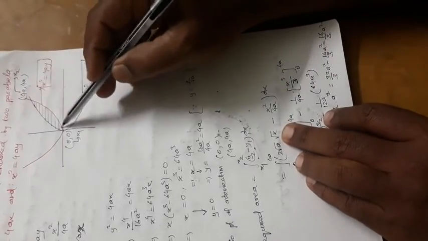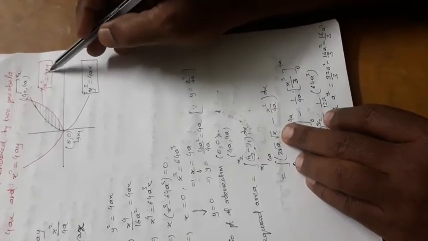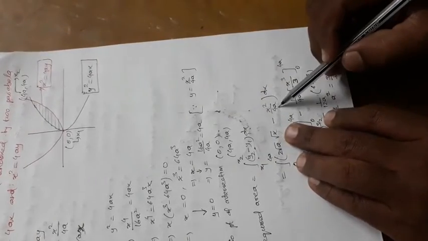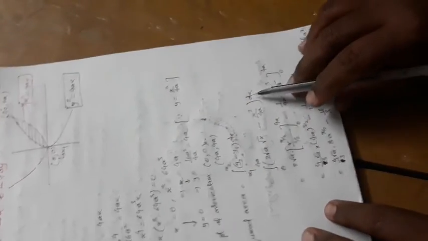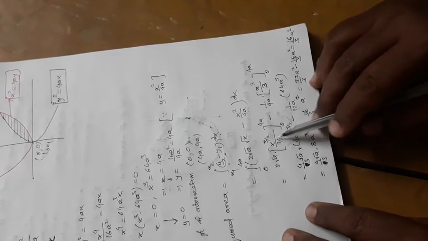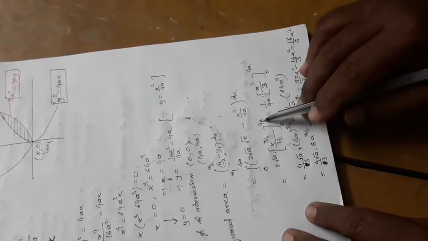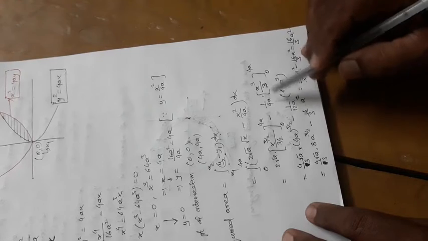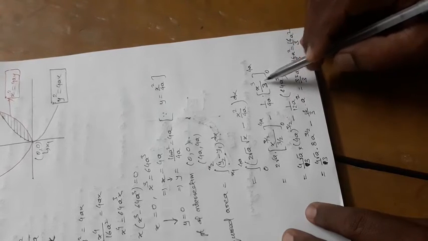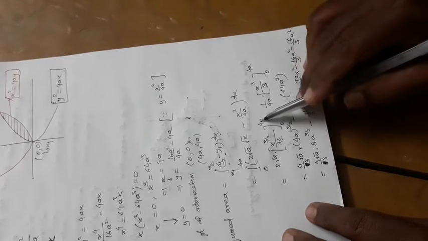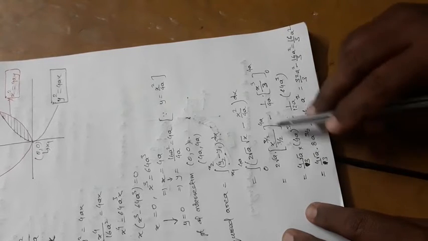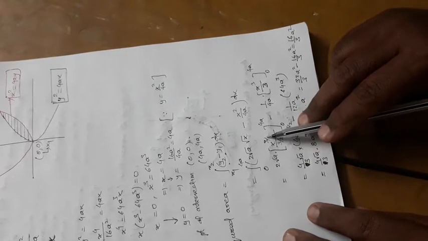Where is the lower part? The lower part y is x square by 4a. So now the integration of root x is x to the power 3 by 2 by 3 by 2, from 0 to 4a, and 1 by 4a, the integration of x square is x cube by 3, from 0 to 4a. Then apply 4a here, 4a to the power 3 by 2.